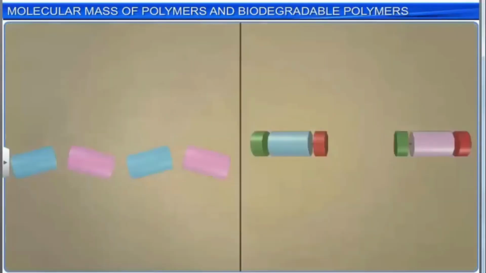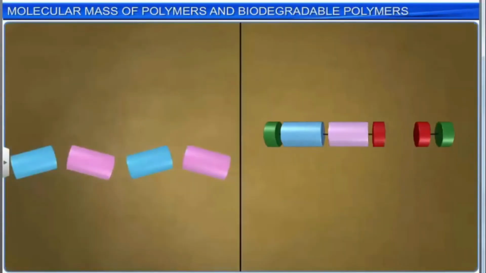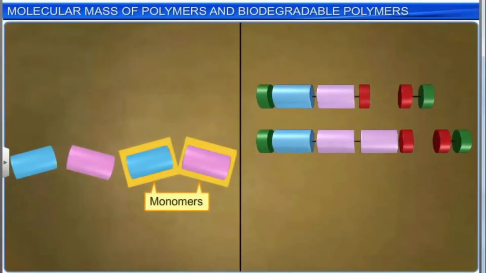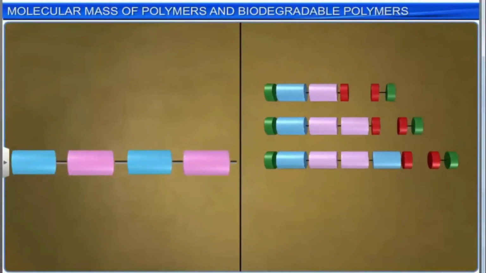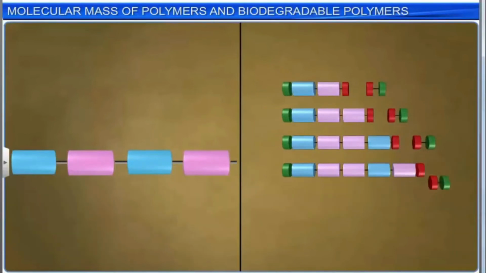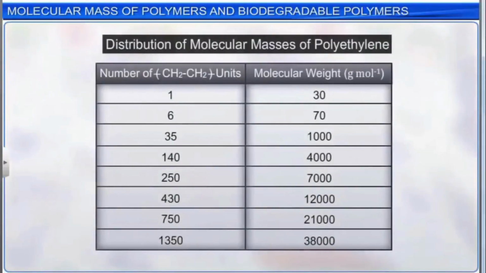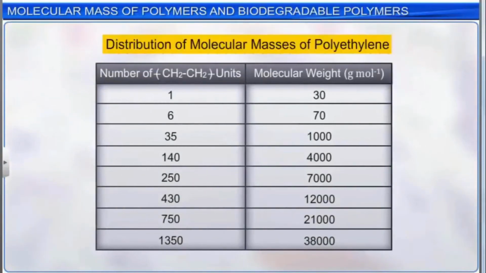In other words, the behavior of a polymer depends upon the availability of monomers in the reaction mixture, or the way the polymer is produced. Therefore, the molecular masses of polymers are best described as a distribution of molecular masses.